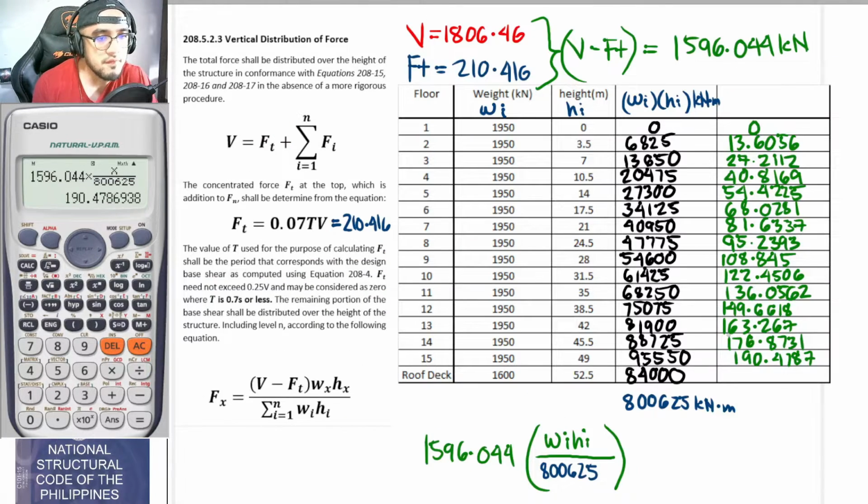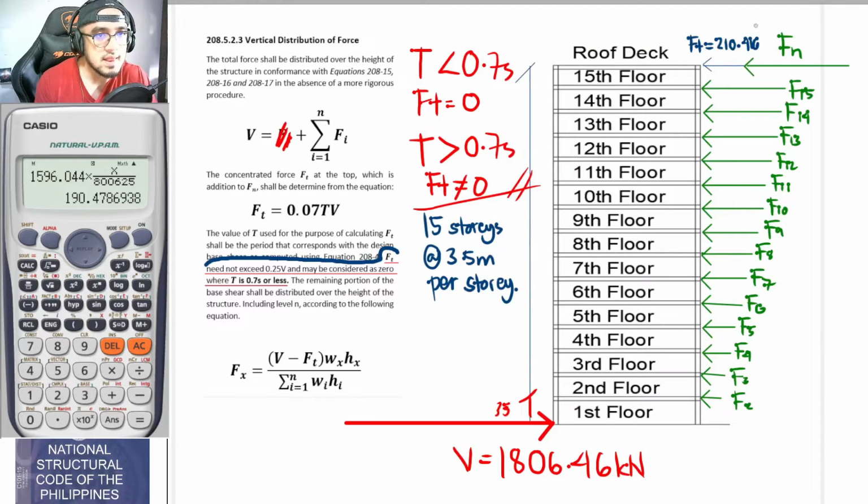So for Fn here, that is basically the total base shear, 1596.044 times 84,000 divided by 800,625. However, we must add Ft of course, because they go together.